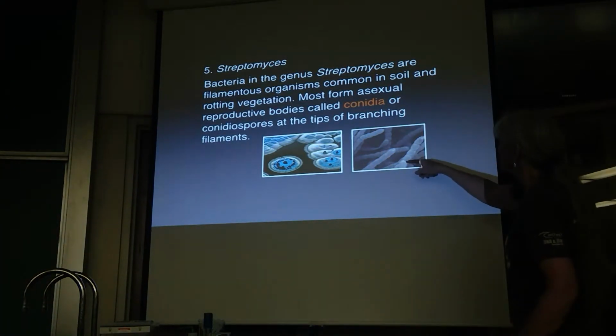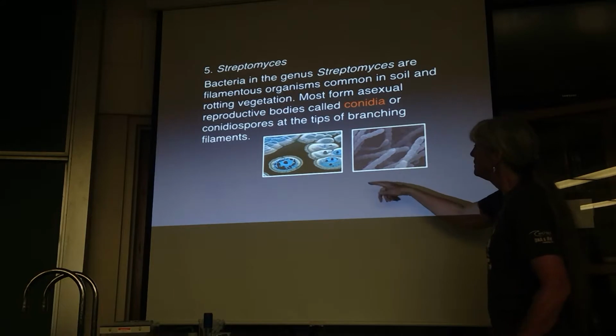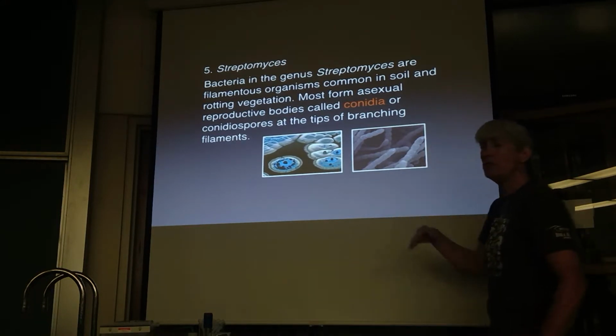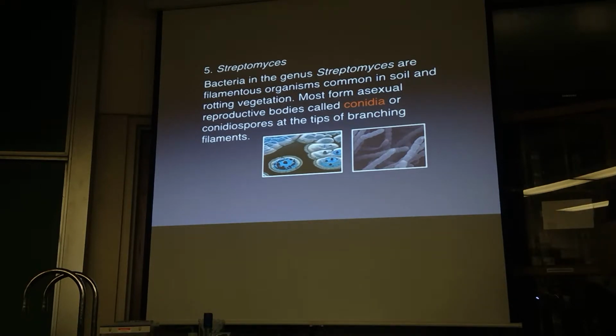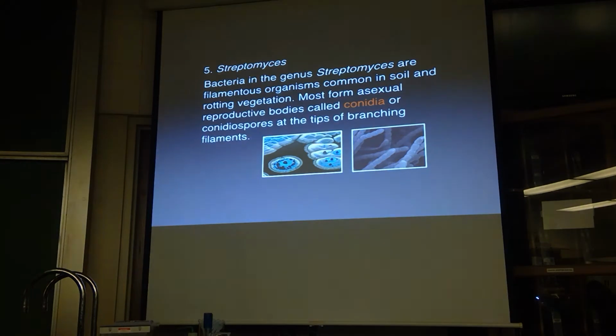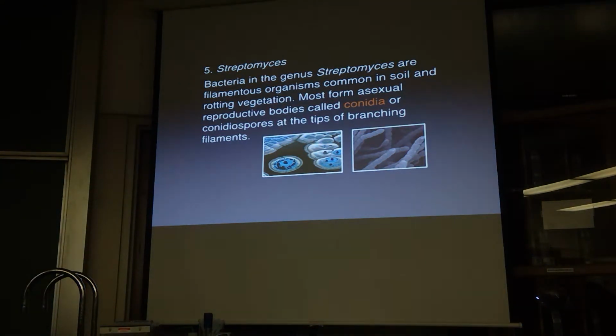These are the conidia in an electron photomicrograph, and here's the surface of the colony. They are maybe smooth initially, but then they'll begin to develop this powdery surface, and it's all those conidia. These things will actually dump the conidia out just beyond the border of the colony, and then they'll start a new area of growth. And so oftentimes when you look at Streptomyces colonies, you'll see layers of growth like concentric rings.